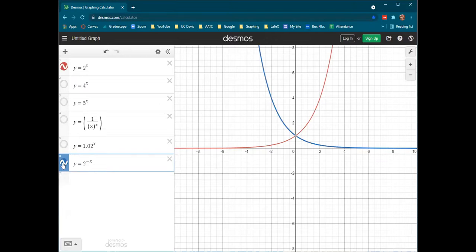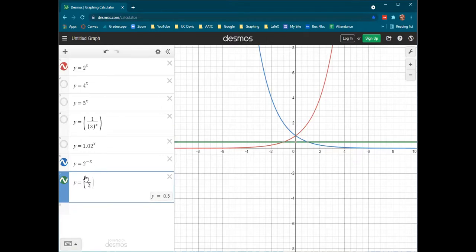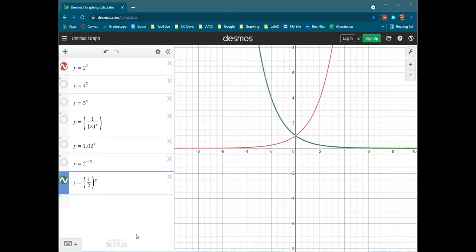One of them is the flip of the other one. You can also see that 2 to the negative x is literally the same as graphing 1/2 to the x, right? Same thing, the green one, the blue one. So yeah, that's your horizontal reflection.